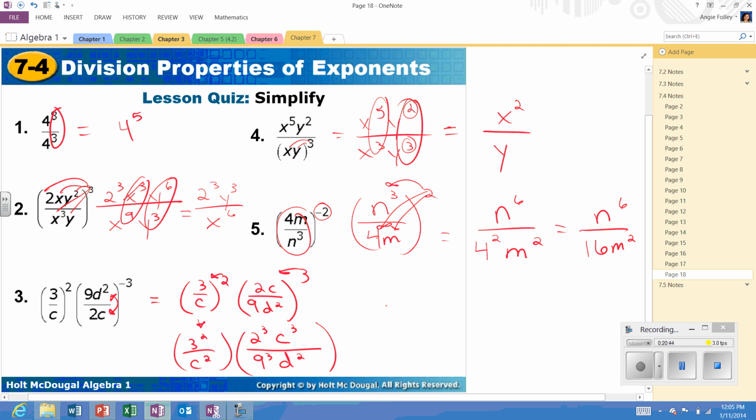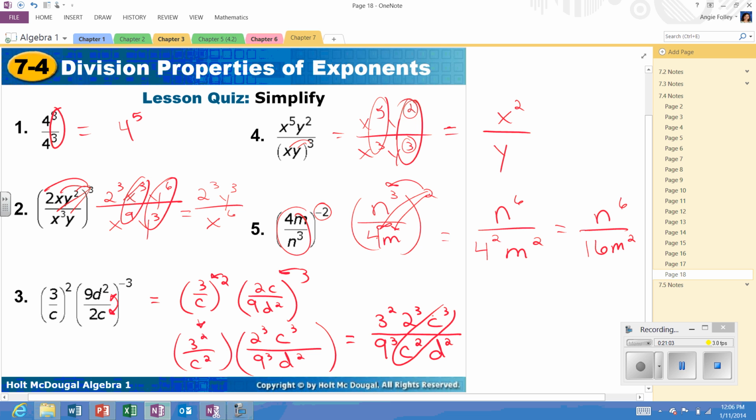Okay, so now if I write that out, I have 3 squared, 2 cubed, c to the third. I'm going to put the 9 out in front, 9 to the third. We can rewrite that in any order since this is a multiplication problem. And d to the second.